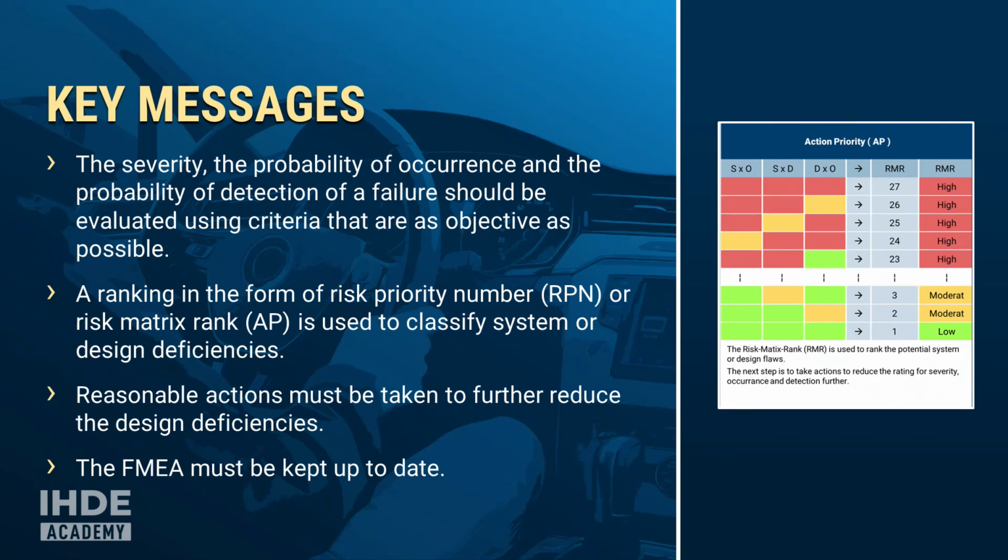A ranking in the form of a risk priority number, RPN, or risk matrix rank, AP, is used to classify system or design deficiencies. Reasonable actions must be taken to further reduce the design deficiencies. And the FMEA must be kept up to date.